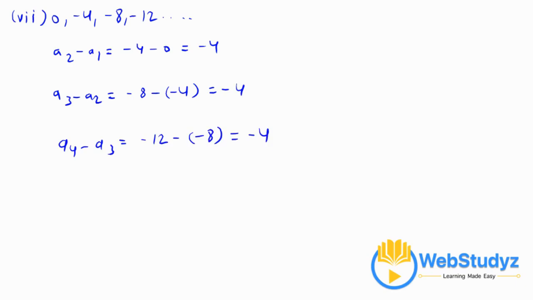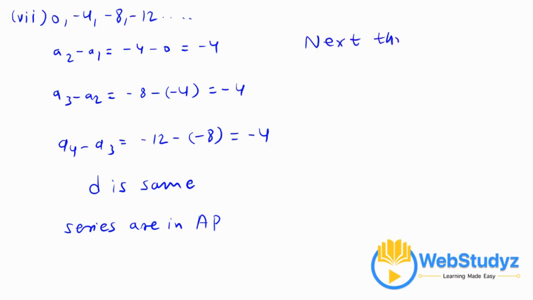That means we can say D is the same everywhere. That means the series are in AP. So we have to find out the next three terms of this series, which will be A5, A6, and A7.